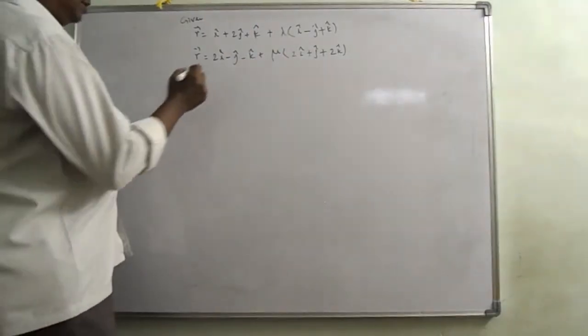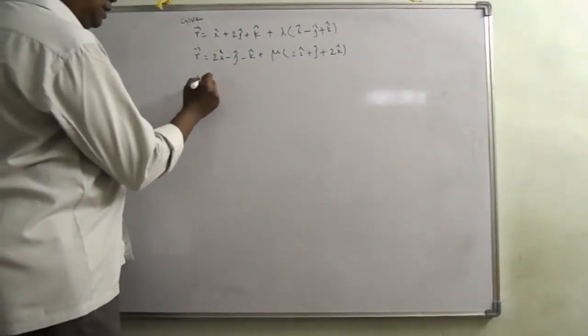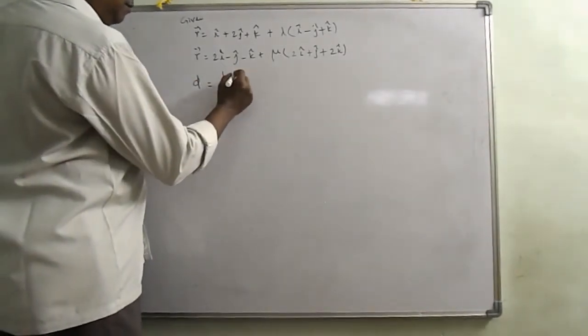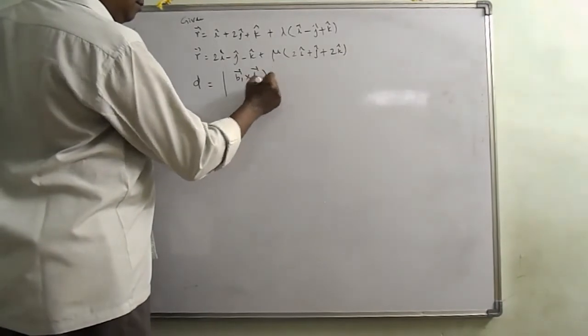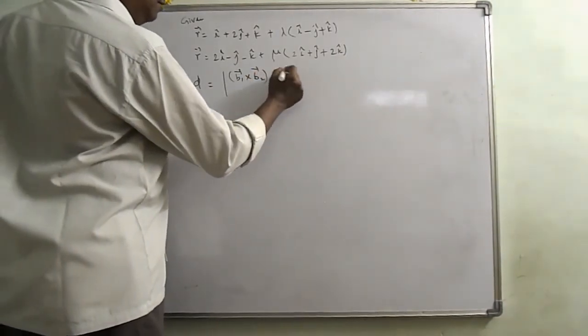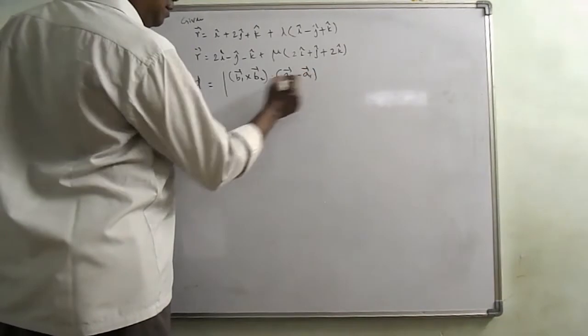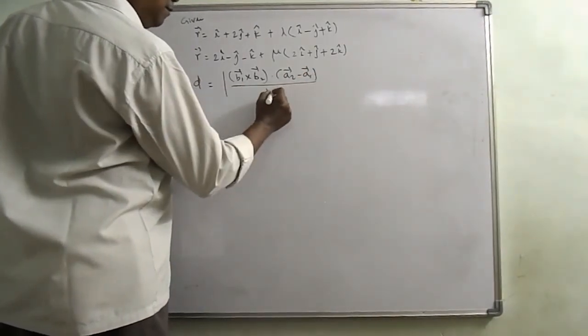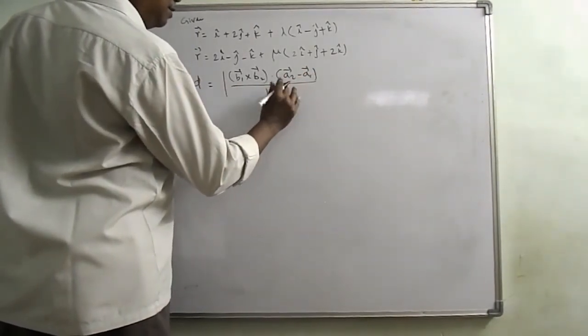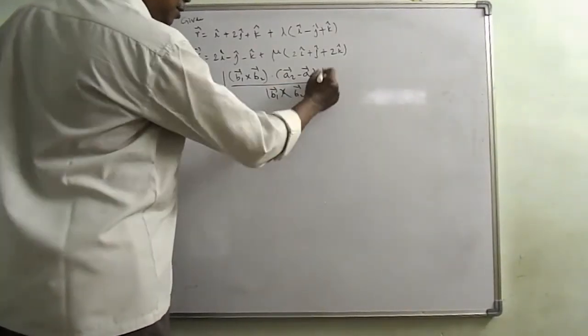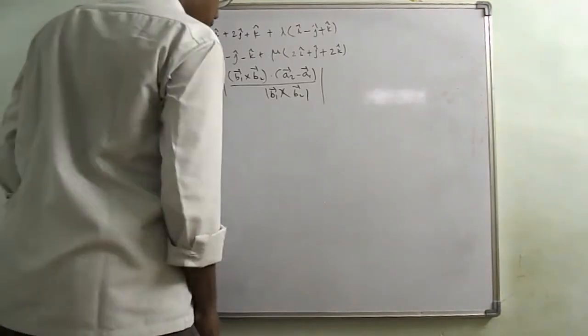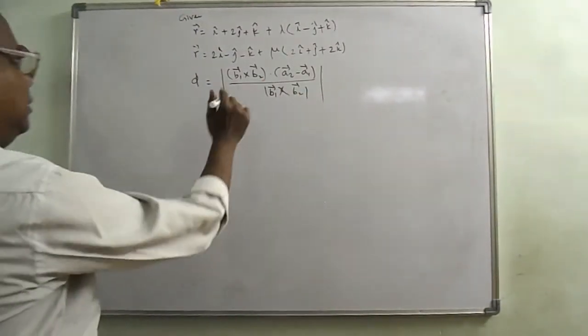Okay. Now the distance d equals modulus of b1 vector cross b2 vector dot a2 vector minus a1 vector, divided by modulus of b1 vector cross b2 vector. So this is the formula. We have to first list out which are a1, a2, b1, b2.